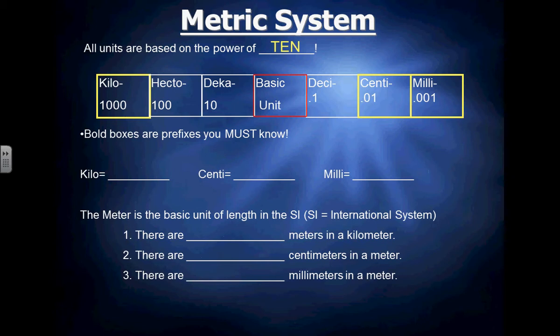So let's say, for example, I have 6,329.2 meters. And I want to convert that into kilometers. Okay, so meters to kilometers.